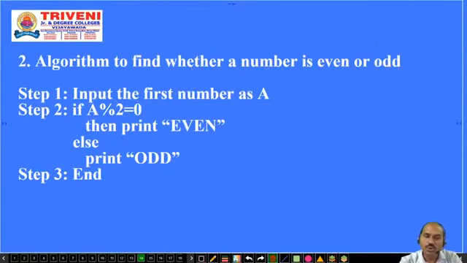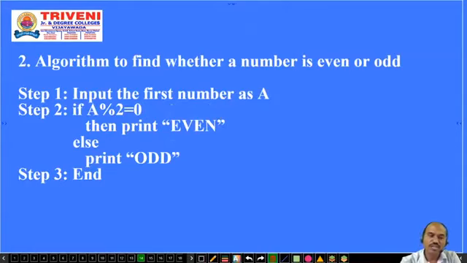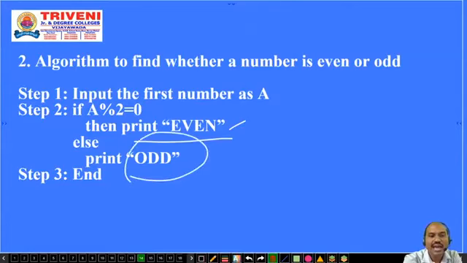The condition will be taken here. If the condition is true, then you print the even value. If it is not true, that means the condition is false, then you go to the odd number.